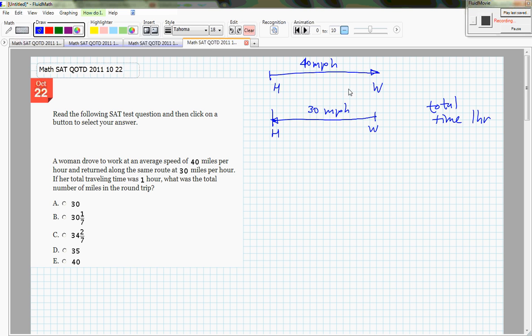So let's change our color here. Total time is t equals 1 hour. If she drove x hours to work and 1 minus x hours home, then 40 miles per hour times x has to equal 30 miles per hour times 1 minus x.